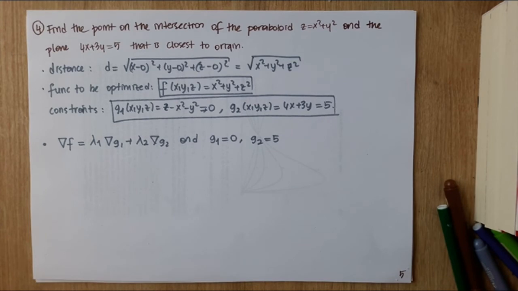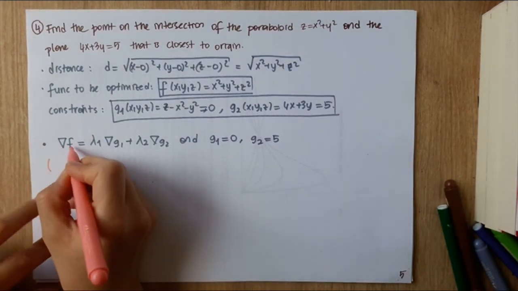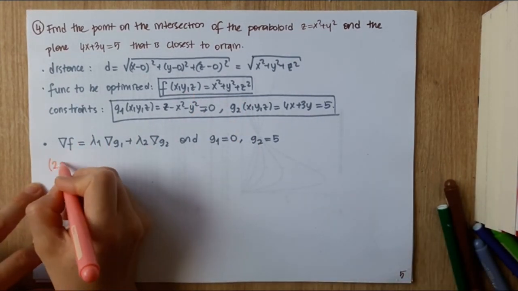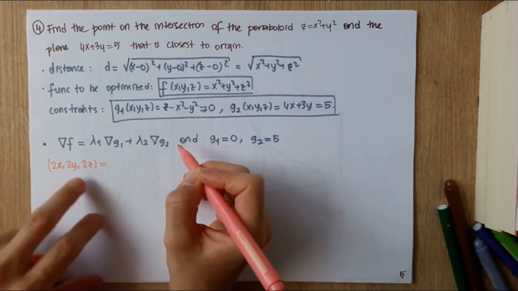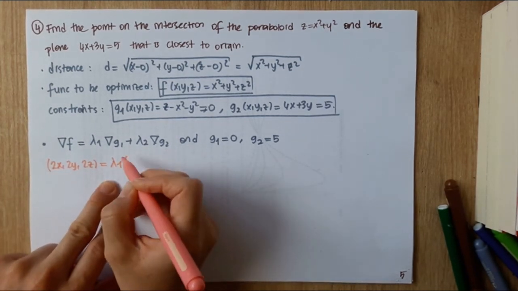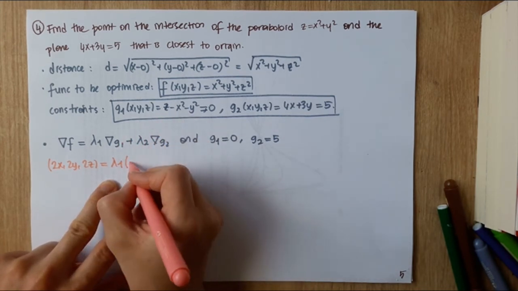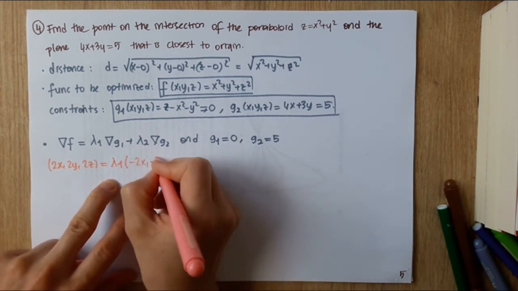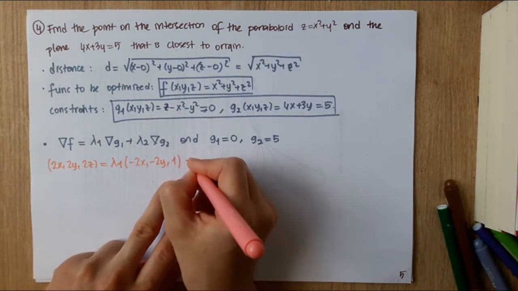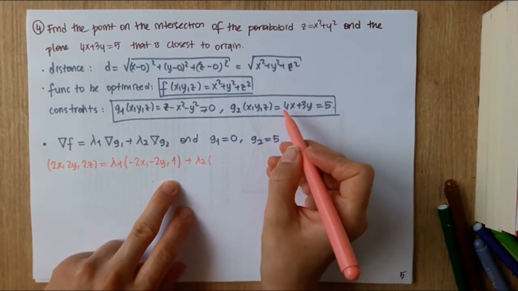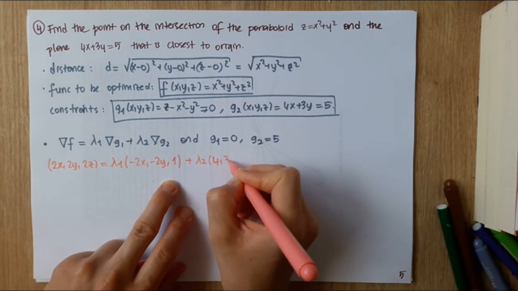First of all, the gradient f will be (2x, 2y, 2z) equals lambda 1 times gradient of g1, which is (-2x, -2y, 1), plus lambda 2 times gradient of g2, which is (4, 3, 0).